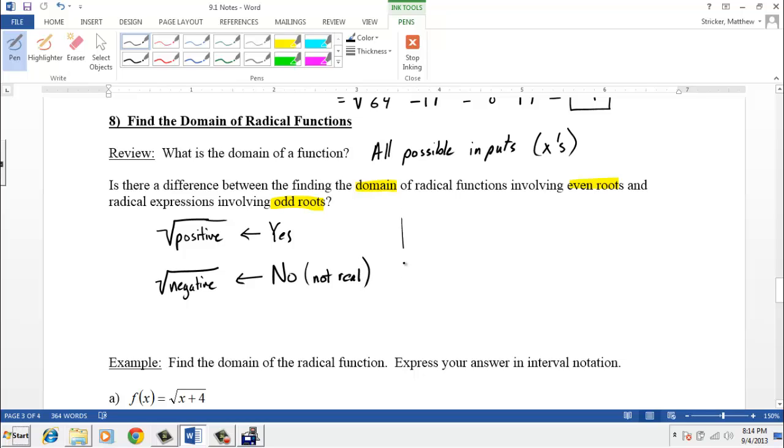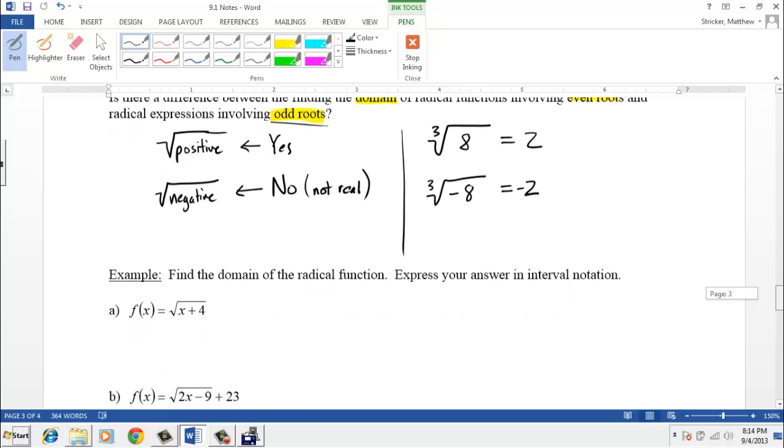However, for cube roots, for example, that's an odd root. A cube root of a positive, like 8, that does work. That's equal to 2. And I can also take the cube root of a negative. That would be equal to negative 2. So when we have odd roots, we don't need to worry about restricting the domain. You can have odds or evens go into here. It's only when we're having even roots, like square roots or fourth roots, that we have to worry about negatives.